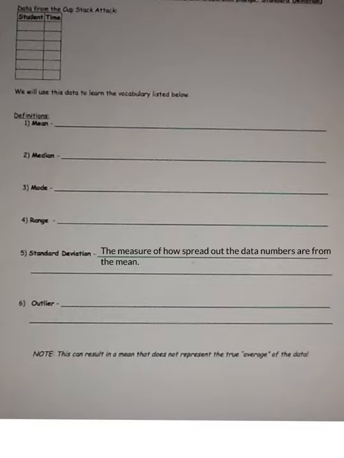So the standard deviation, number 5, is the last vocab word we have to go over. This is the measure of how spread out the data numbers are from the mean. And the symbol we use here is the sigma with an x. And that's what we're going to look for in the calculator tomorrow when we calculate the standard deviation.